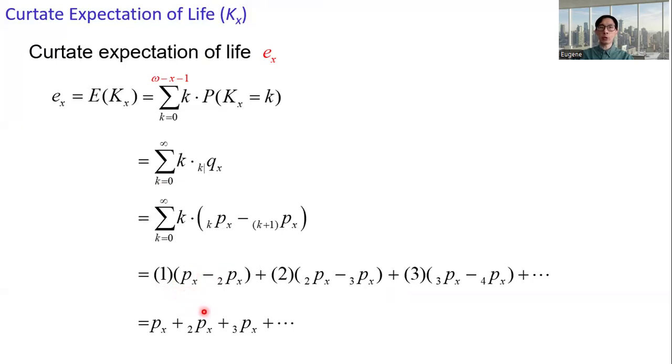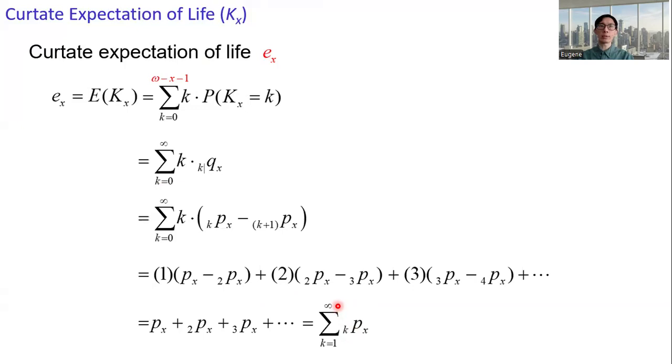For the terms 2px, we have 1 times minus 2px plus 2 times 2px. So this gives 2px. The next term, we have 2 times minus 3px plus 3 times 3px. So we get 3px. And this is the expression for the curtailed expectation of life, the expected value of Kx, which is the summation of kpx, k equals 1 to infinity.